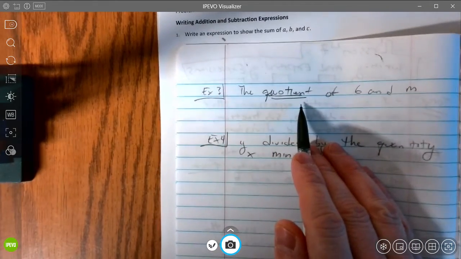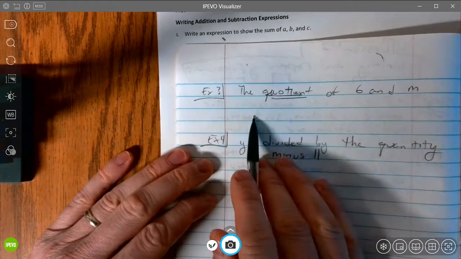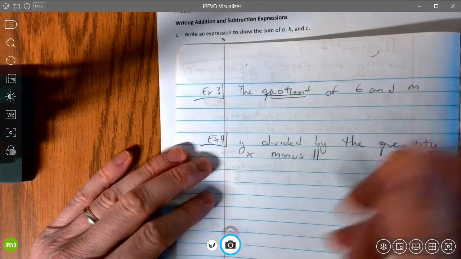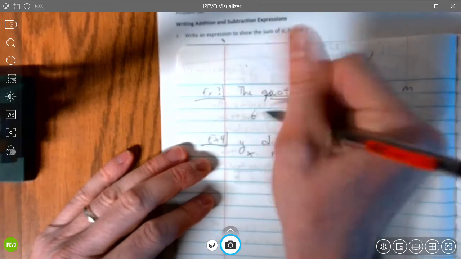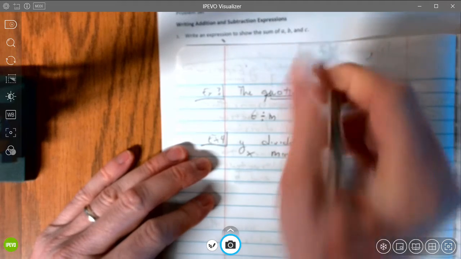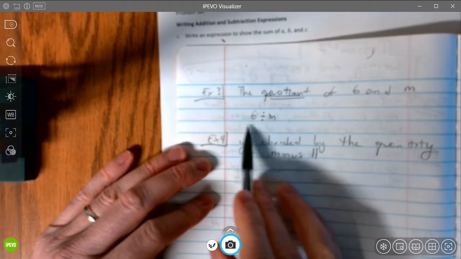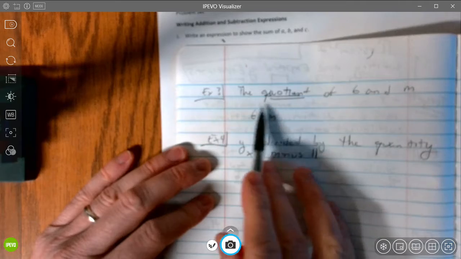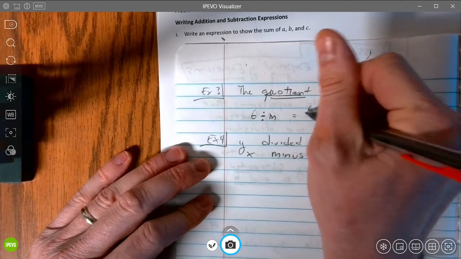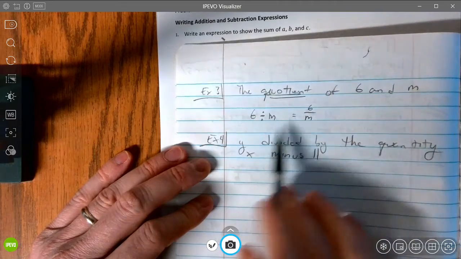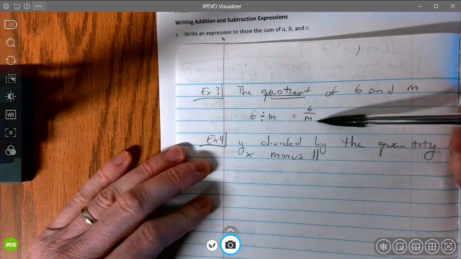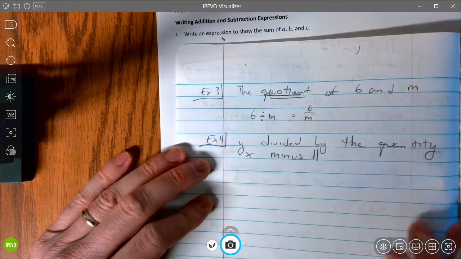So I want the quotient of 6 and M, the result of dividing 6 and M. So I could write 6 divided by M, but I want to use the least number of symbols and characters. So I could write that as a fraction, 6 over M.